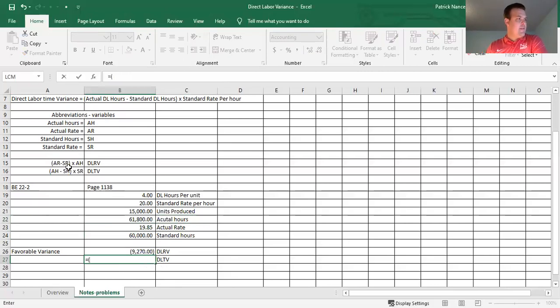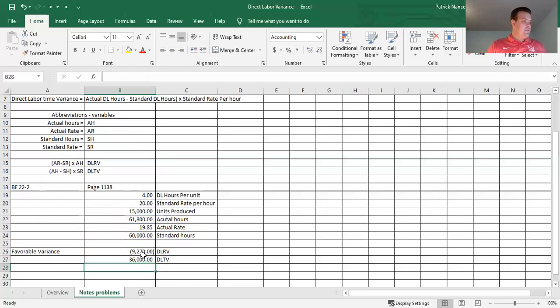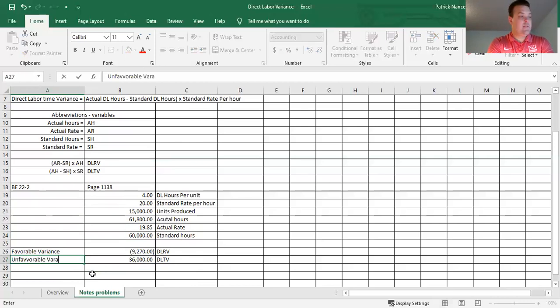So my direct labor time variance is actual hours minus standard hours times my standard rate, which is $36,000, which is a $36,000 unfavorable variance.